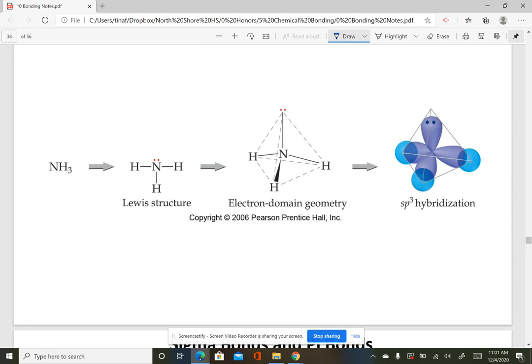And again, nitrogen has 3 hydrogens sticking off and a lone pair. So the electron domain geometry is tetrahedral, which means we need 4 things, an s and 3 p's. That would be my hybridization. All right, so again, guys, you're just counting what's on the center atom.